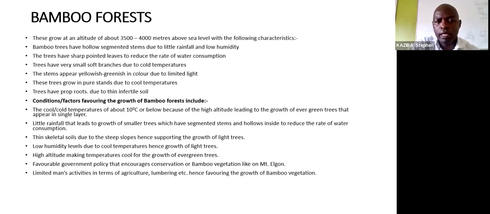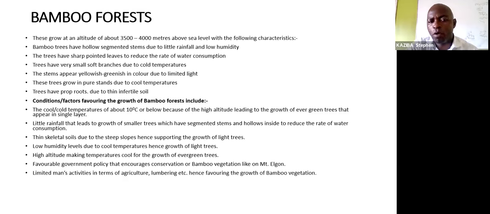Then they have small soft branches due to cold temperatures. The stems appear yellowish. That is an adaptation to limited light. So they were given that color to adapt to the light. Then they grow in pure stands. You see only one tree species occurring in pure stands.